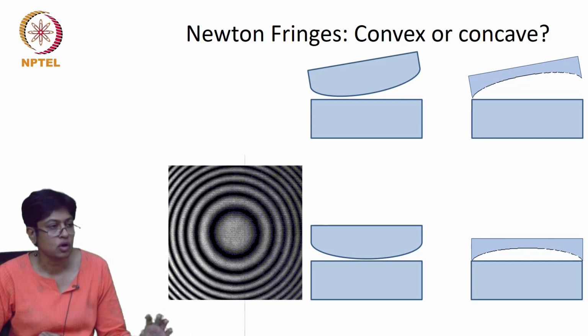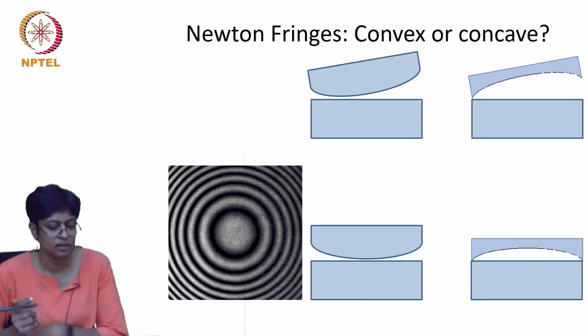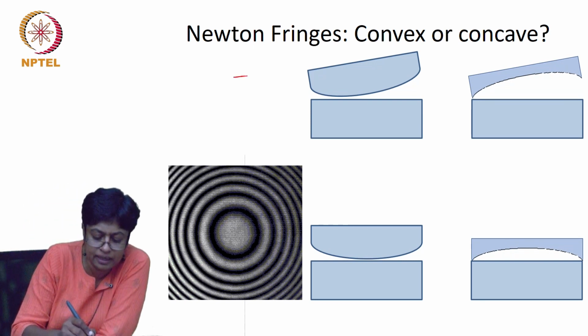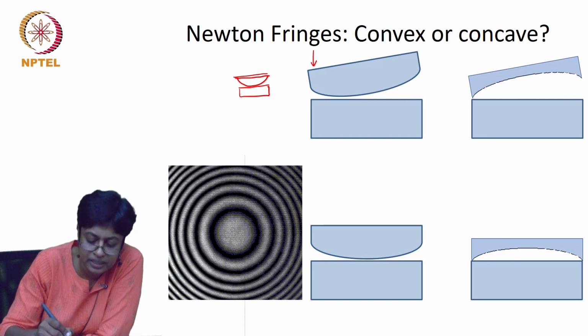How do I know whether it is convex or concave? Whether it is convex or concave, I am going to get concentric fringes. So, again I will use movement. If initially I have placed it like this, what you can do is press down here.